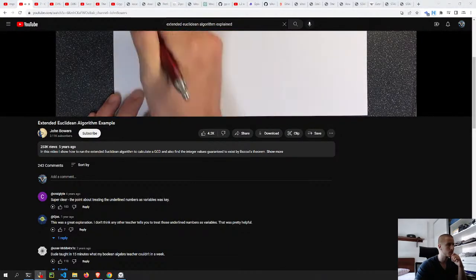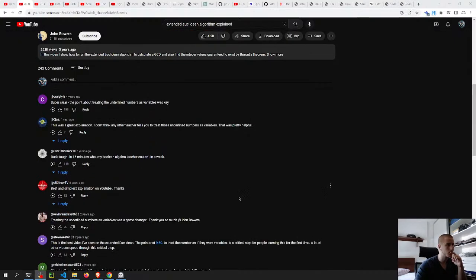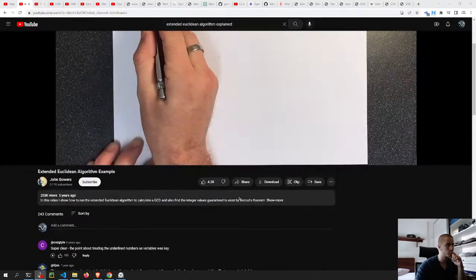But remember Bézout's theorem. So for those of you just joining us who aren't taking my class, this is Bézout's theorem. And Bézout's theorem says whenever you're looking for the GCD of two numbers, like 56 and 15, there must always be these integers.